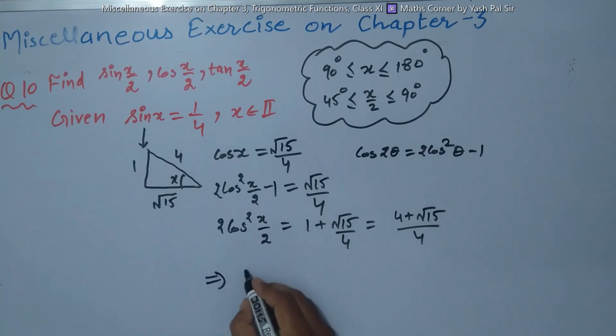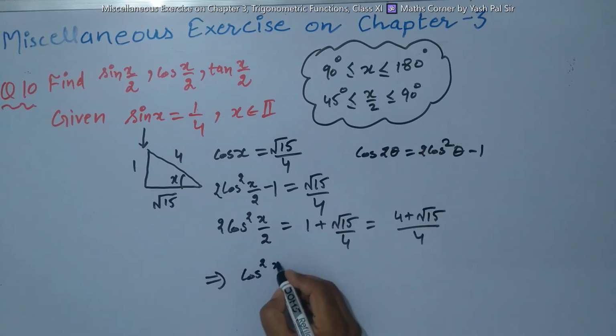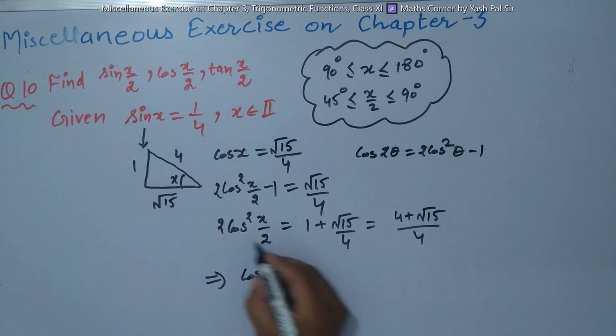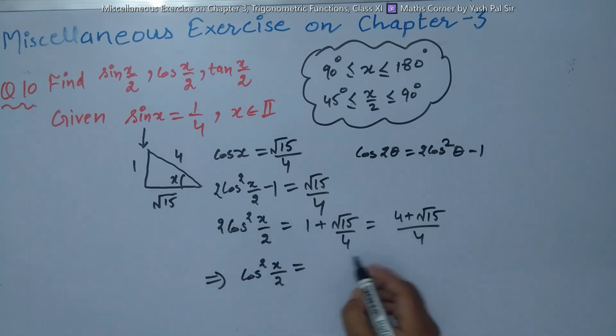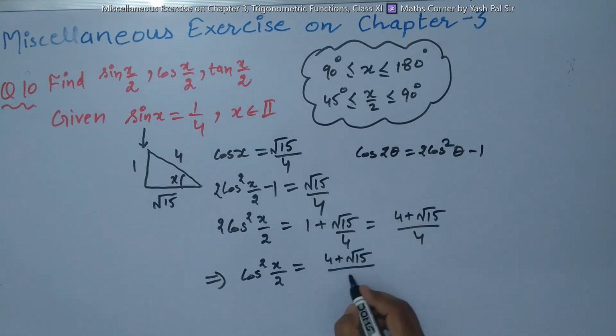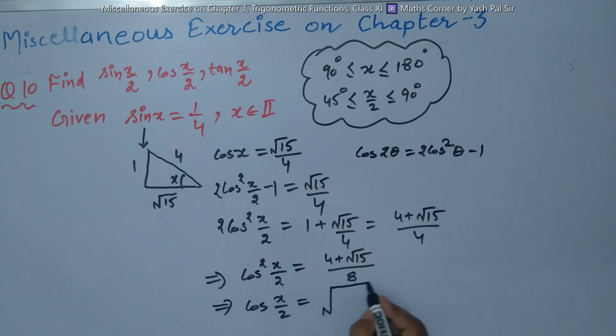So this implies cos square of x by 2 is equal to, dividing by 2, 4 plus square root 15 upon 8. So this way, taking the square root, cos of x by 2 is equal to square root of 4 plus square root 15 upon 8. So this is the first value.